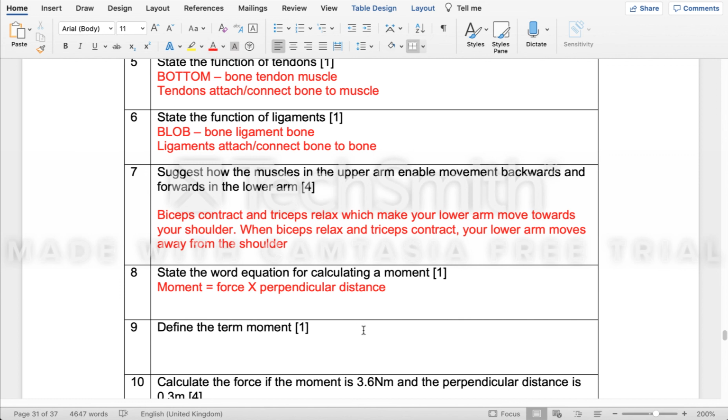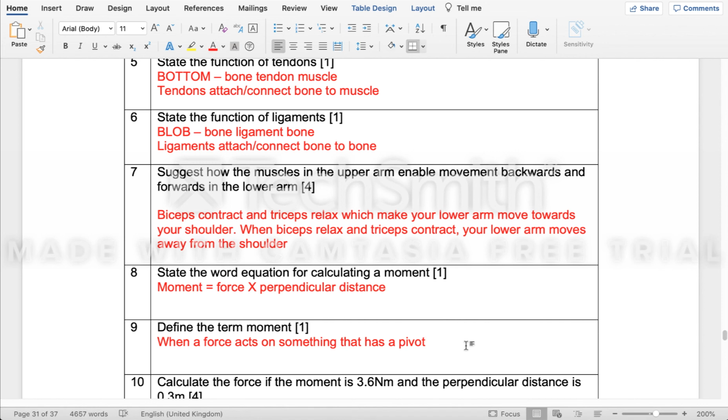Number 9, define the term moment. You could put a turning effect, but that doesn't really describe everything. So what we're going to put is when a force acts on something that has a pivot.